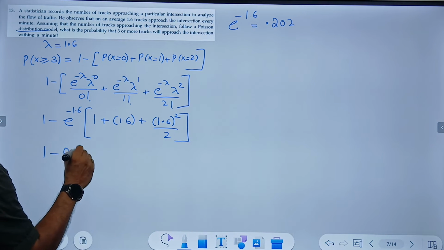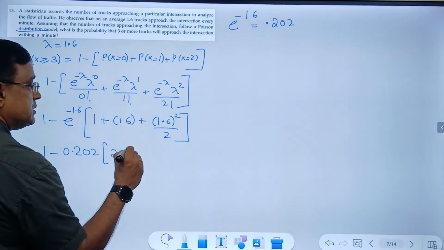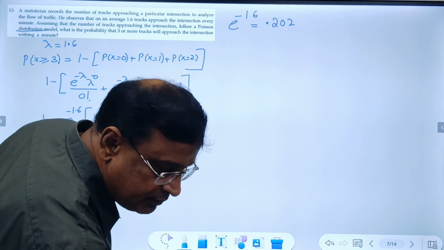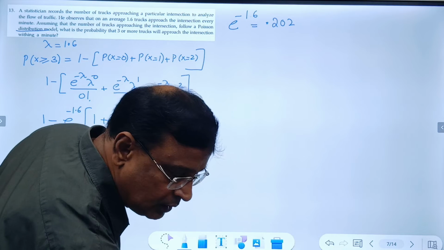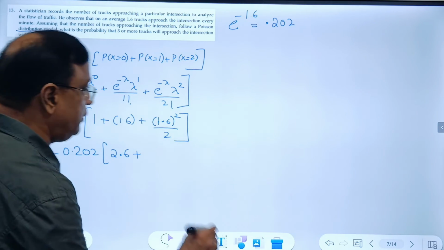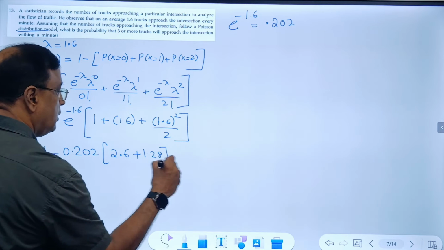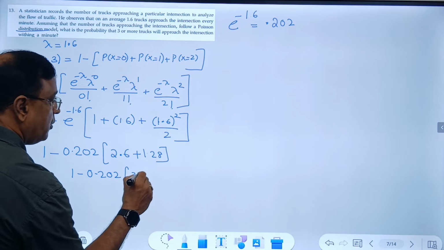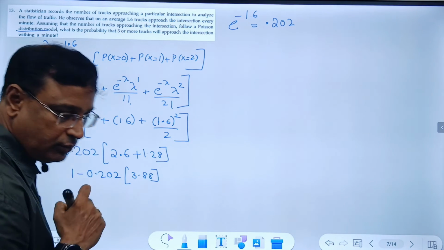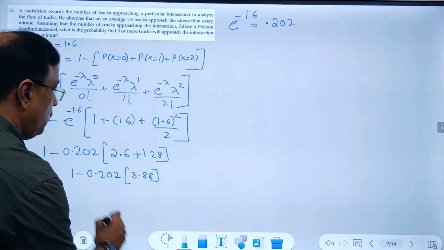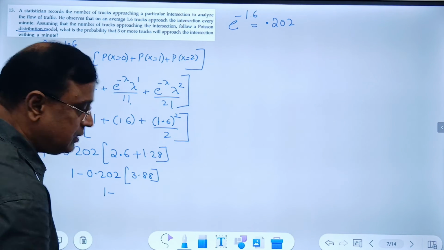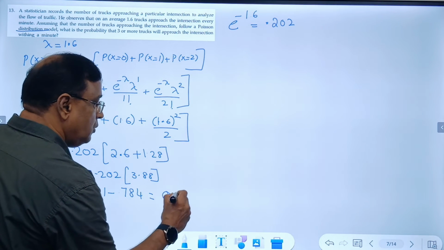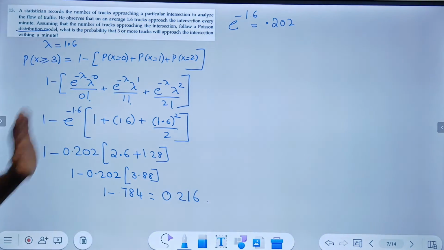It is 0.202, and this is 2.6 plus, this is 2.56 divided by 2. 2.56 divided by 2 will be what? The calculation I have done, it's 1.288. So this is 1 minus 0.202 into 3.88. And when we do the calculation, I am getting it as 1 minus 0.784. So when we do the calculation, it's 0.216. Very simple calculations, not difficult at all.